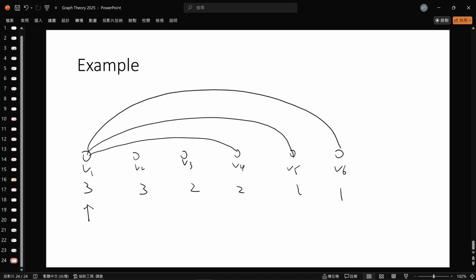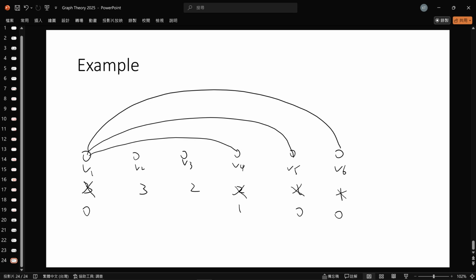Now, after we add these 3 edges, the target degrees becomes this. Okay. So this finishes the first round.